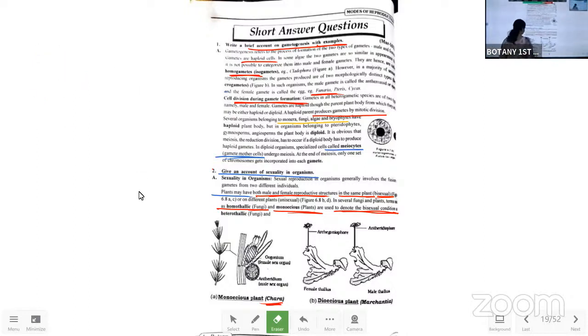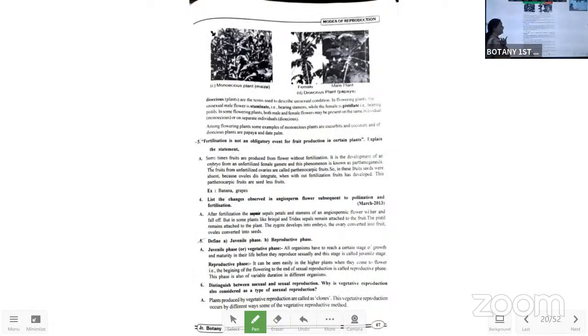Some fungi are heterothallic and they are dioecious, and some plants are dioecious. Heterothallic means two different thalli are present, where the male thallus is different and the female thallus is different. And some plants are like that. Male plants are different, female plants are different. Example, papaya.